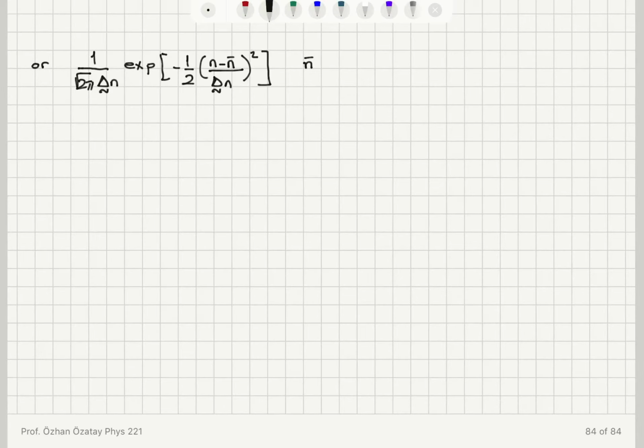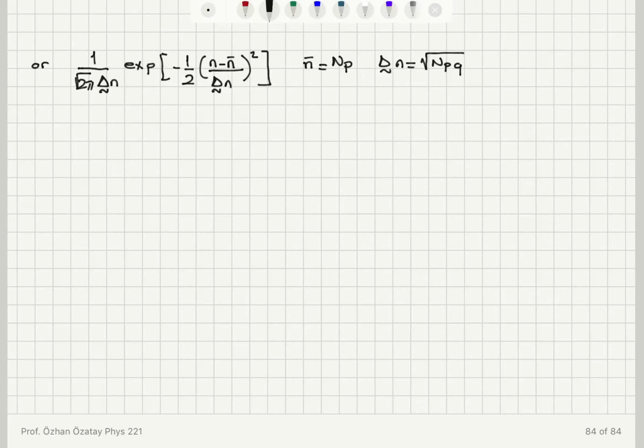So here we have the mean value, capital NP. The standard deviation of n is square root NPQ, as we have shown previously. So that's the form of the Gaussian distribution.